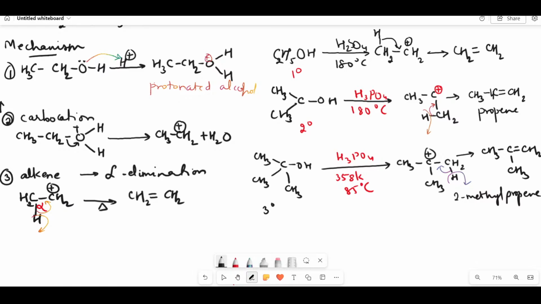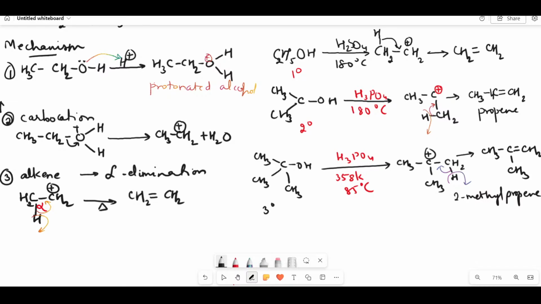The last one: a 3 degree carbocation is always very stable. At low temperature also it is very stable, and therefore we get the reaction done at low temperatures. Since 3 degree carbons are very stable, and a carbocation from a 3 degree carbon is also very stable, this reaction proceeds easily at low temperatures also.